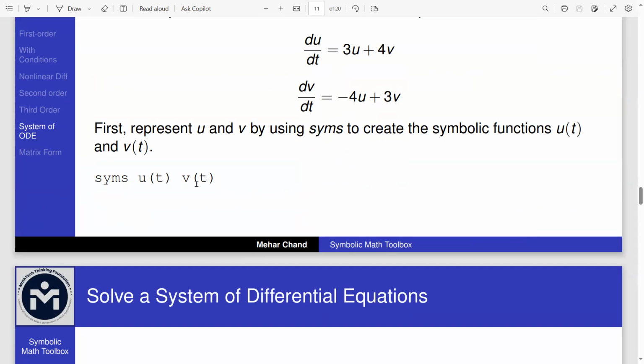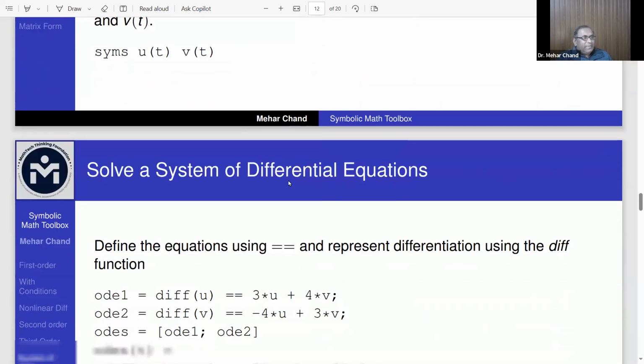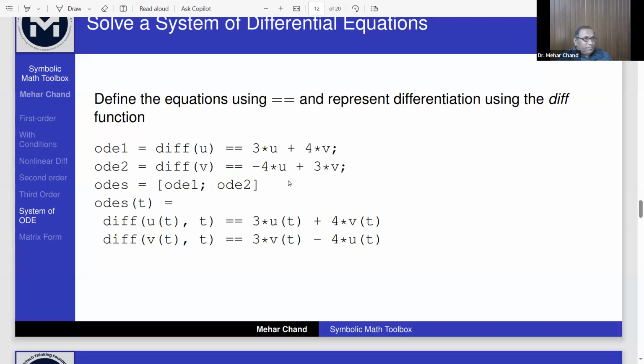Here you can see u and v are two dependent variables and t is independent. So first we will define both the variables, and then you will store this information. This is the first differential equation: ODE1 is equal to diff(u, t) double equal.